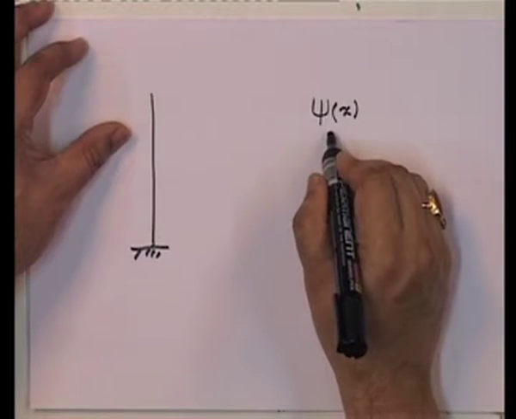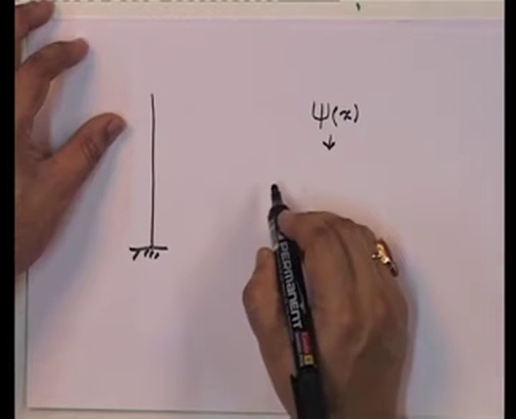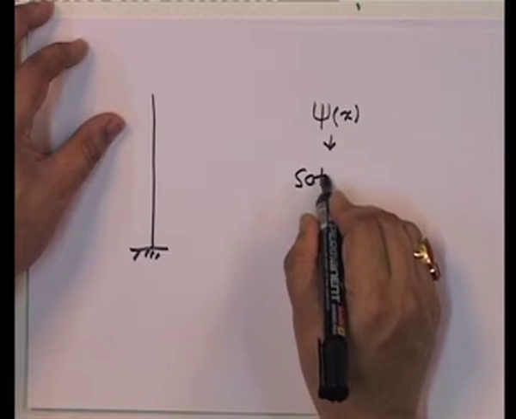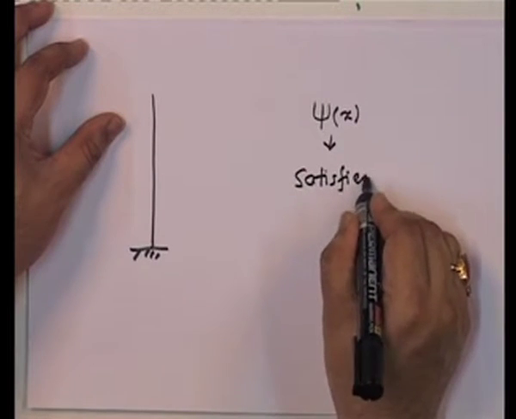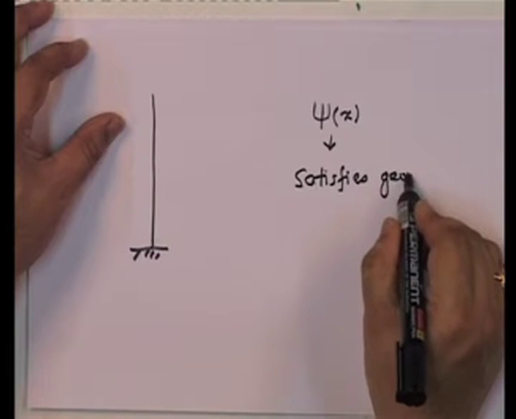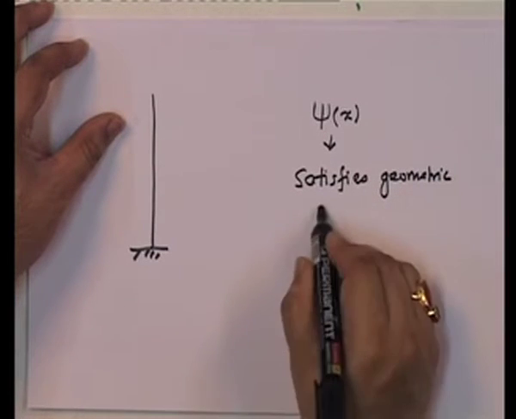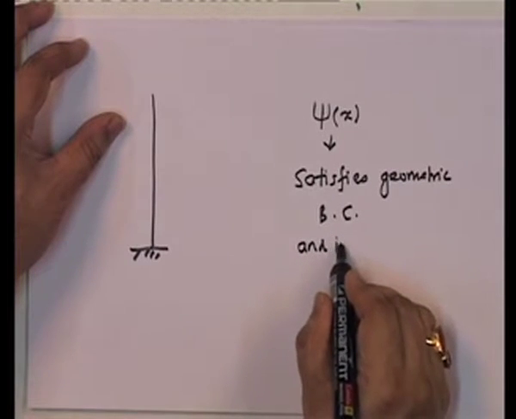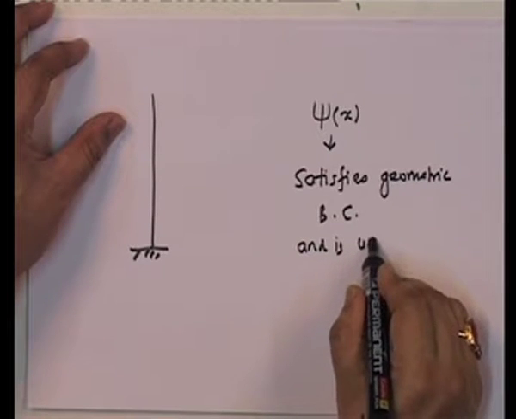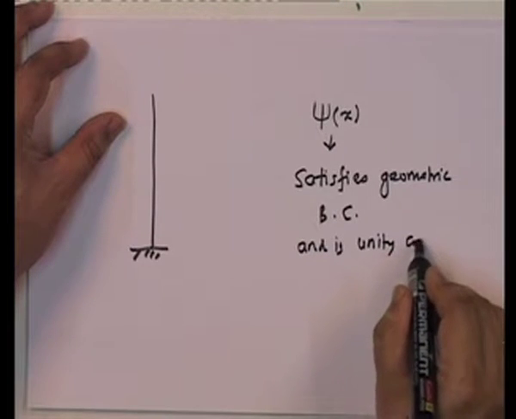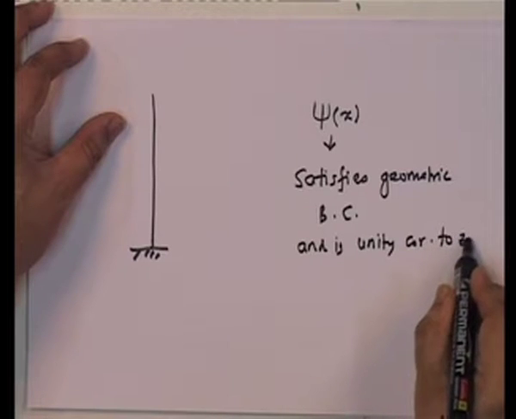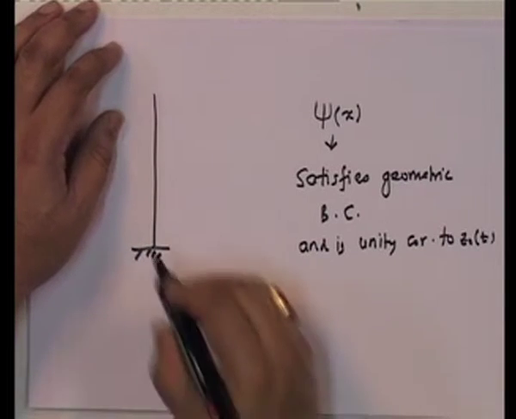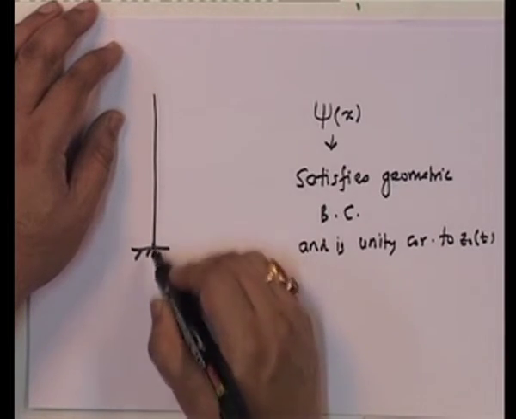Xi(x) is anything which satisfies the geometric boundary conditions and is unit corresponding to z0(t).